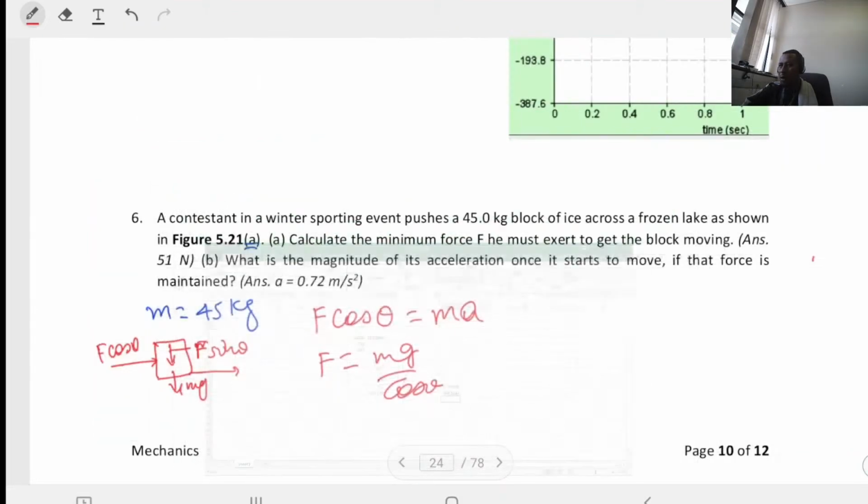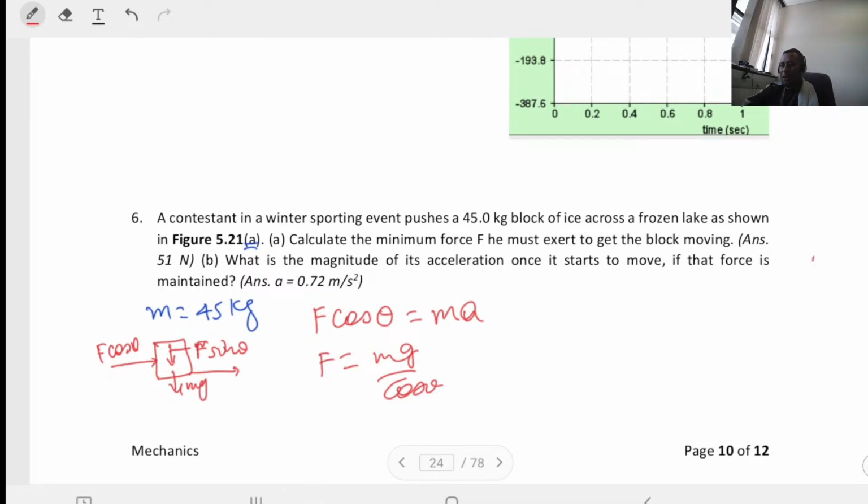486. Oh no. 51 Newton. What did I go wrong? Huh? I think I know. What about my F sin theta? Yeah. What about that one?